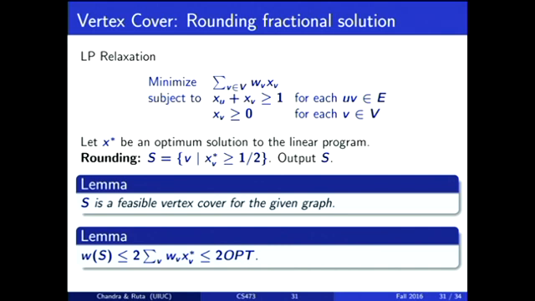So vertex by vertex, the weight of what I am paying in S is no more than twice what the fractional solution paid. So the total weight of the set S is at most 2 times the total weight of the fractional solution. And the weight of the fractional solution is a lower bound on the optimum integral solution, right? So I get a 2 approximation this way.